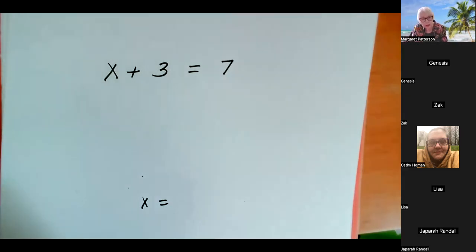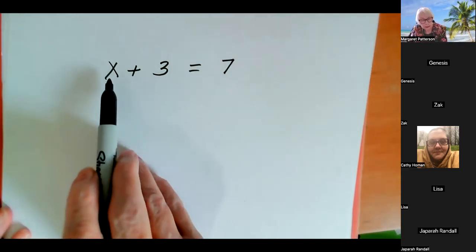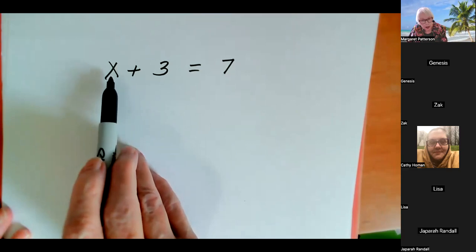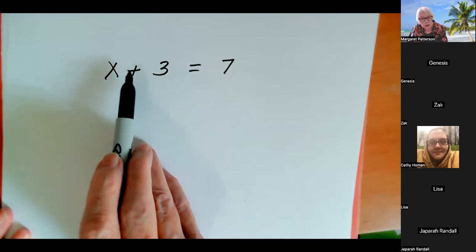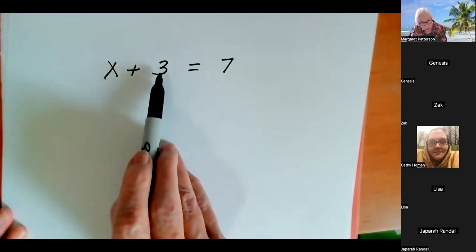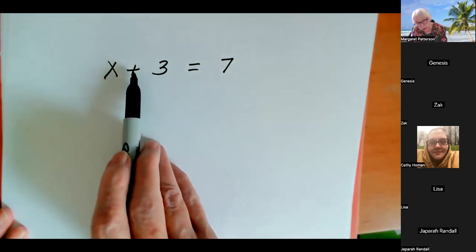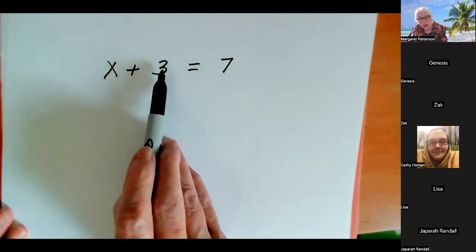So these are the steps we're going to use, and as it gets more complicated, we'll continue to use this type of thinking. You find the side, left or right, that has the letter. You then find what is next to it. And what's next to it in this particular example is a +3.